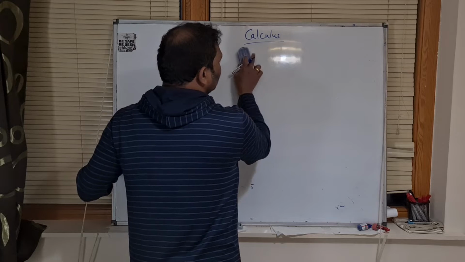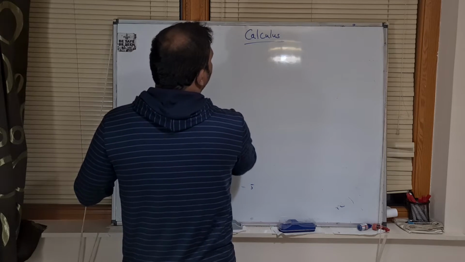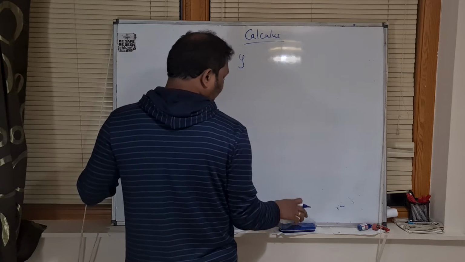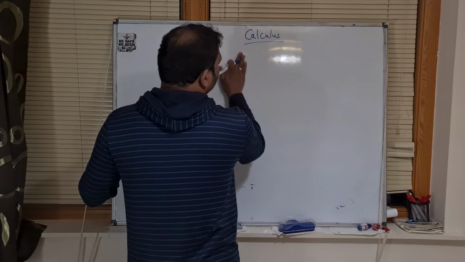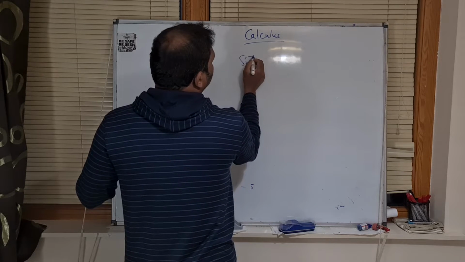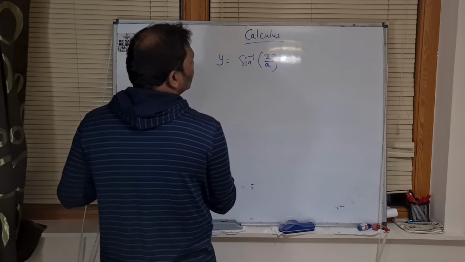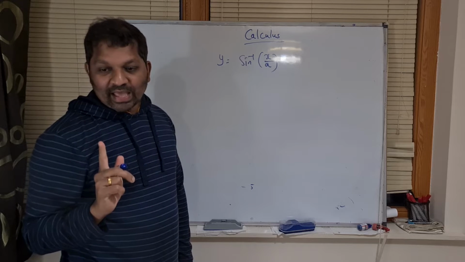For example, if y is equal to sine inverse x by a. So what is x by a? It is not an angle.